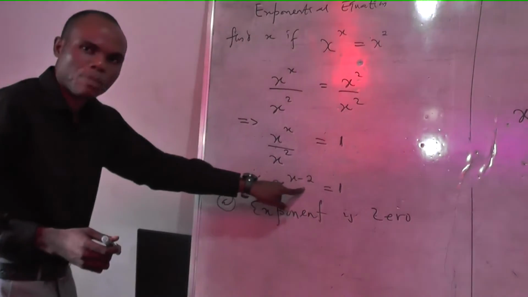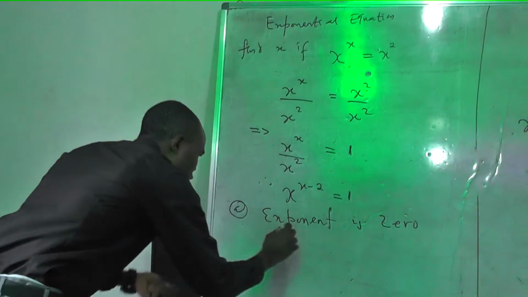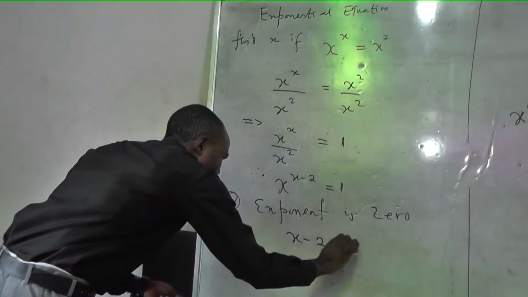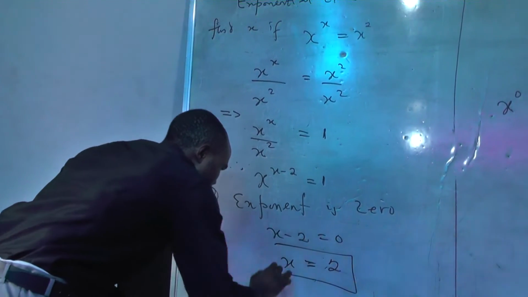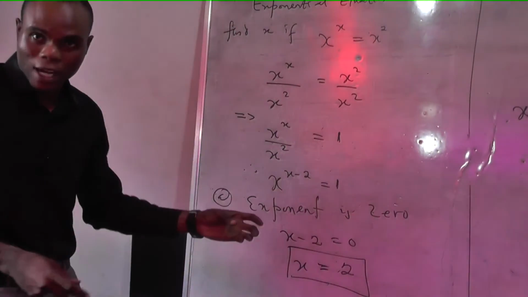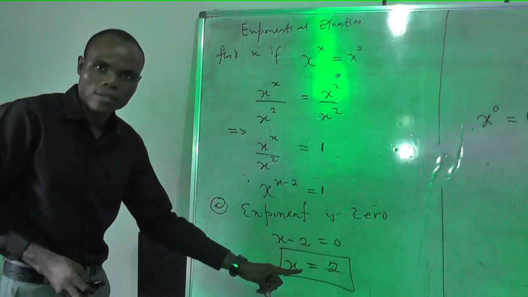The exponent simply means the power. If the exponent is 0, it simply means that x minus 2 equals 0, and x equals 2. This is one of the values of x, one of the roots of x.